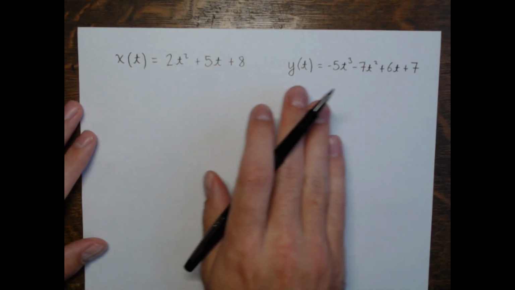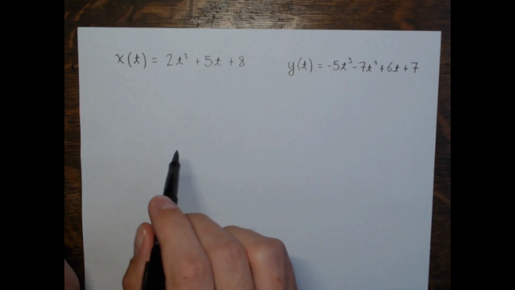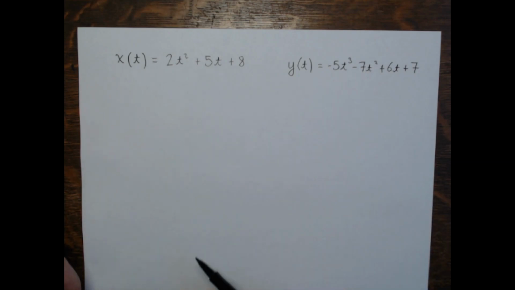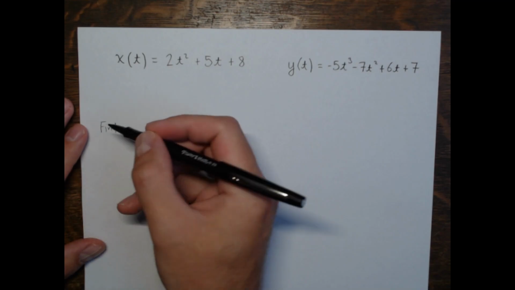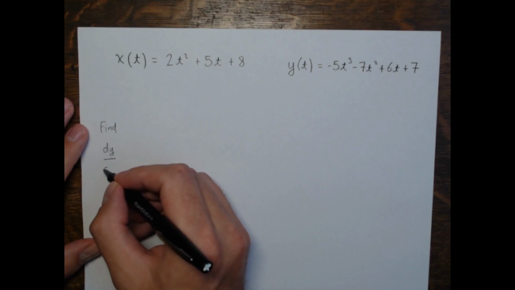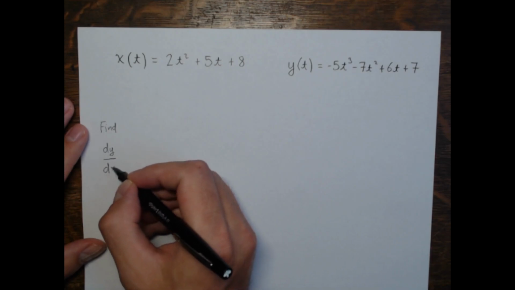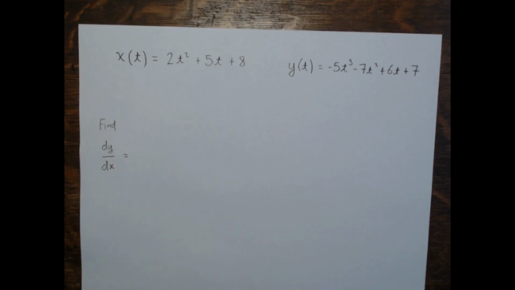So again, as you change the values of t, these would trace out some curve on the xy plane, and we're asked to find an expression that would help us determine the slope of any tangent line to that curve, dy over dx.